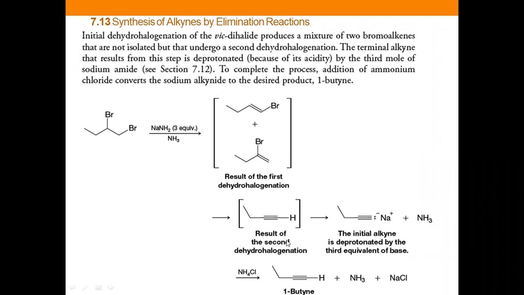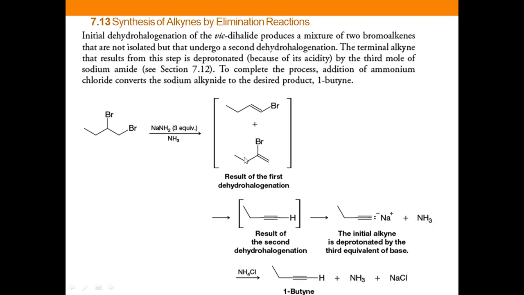The amide can abstract again your acidic proton here, and you will get your deprotonated alkyne. That's why we use the conjugate acid of ammonia, NH4Cl, to make it acidic, and you get your 1-butyne here again.